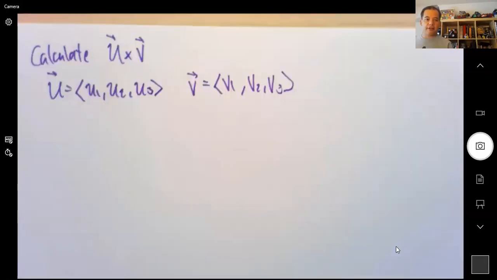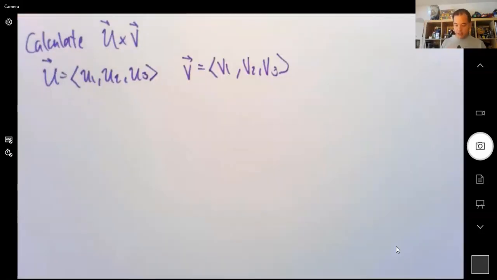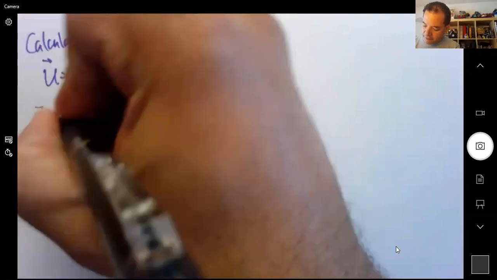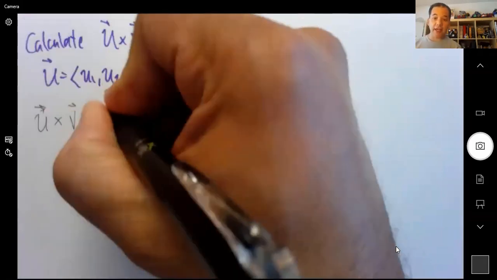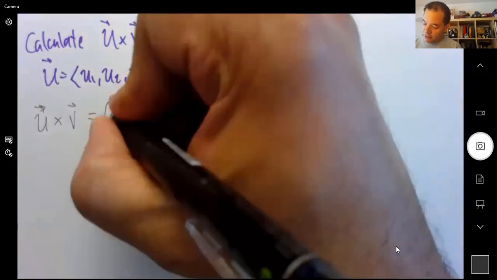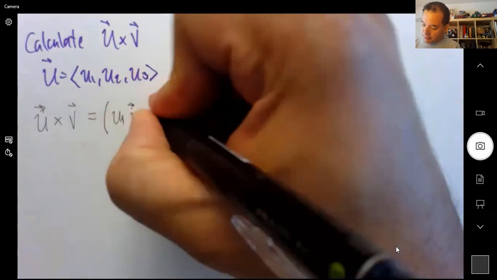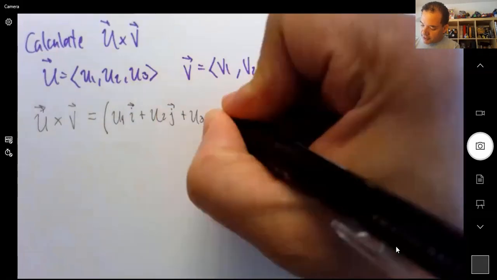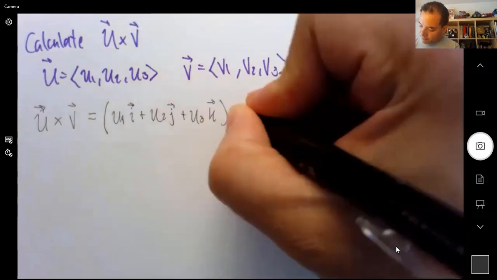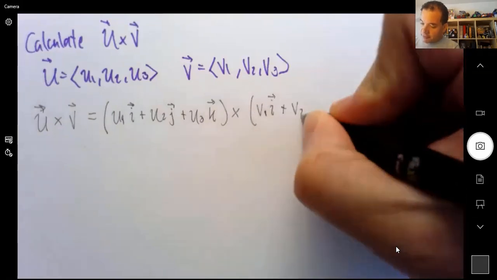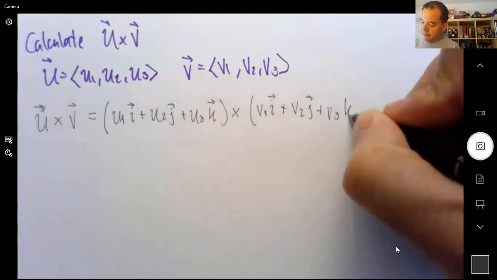We're going to do it in general. Here we go. The first thing we want to do is, instead of writing u and v as components, we write them with i, j, and k. So we write u1 i plus u2 j plus u3 k, cross product, v1 i plus v2 j plus v3 k.